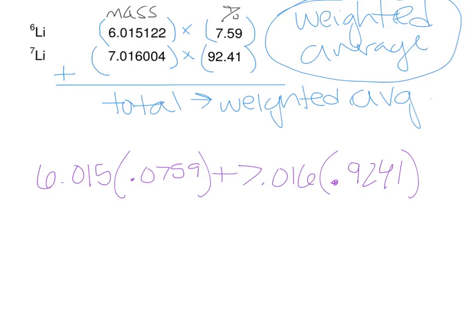So for both of these situations, I am taking my masses, multiplying each mass by their respective percentage, and then I'm adding those values together. So I'm going to use my calculator and figure out what values I get.